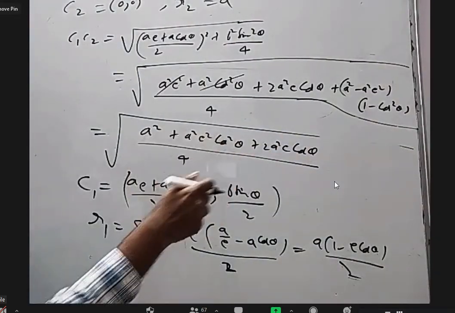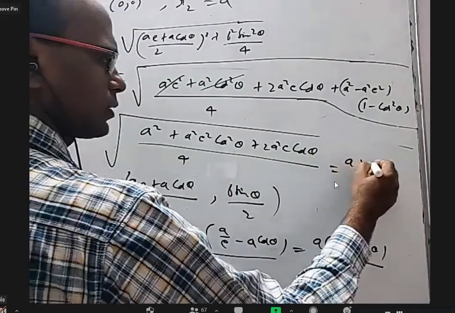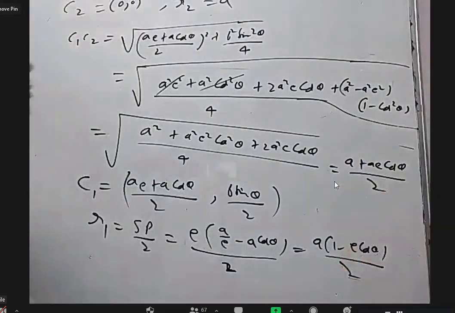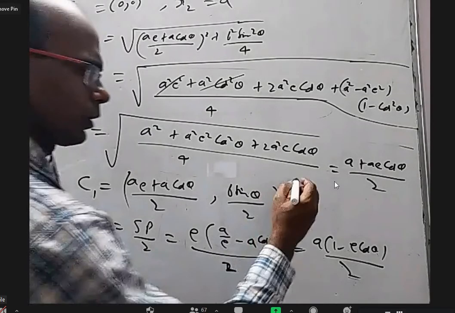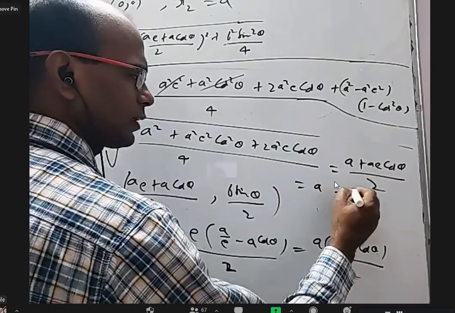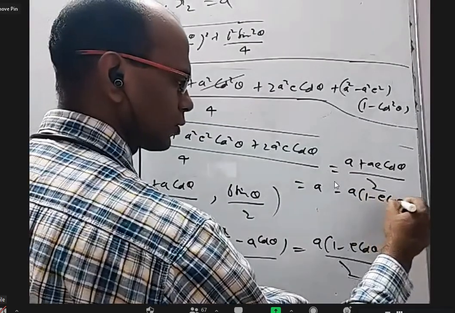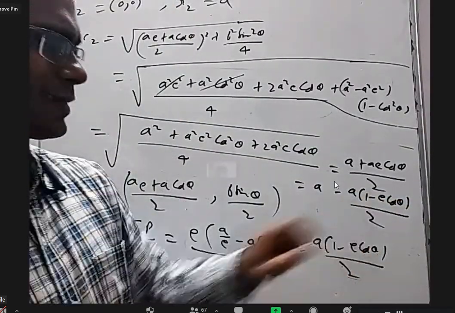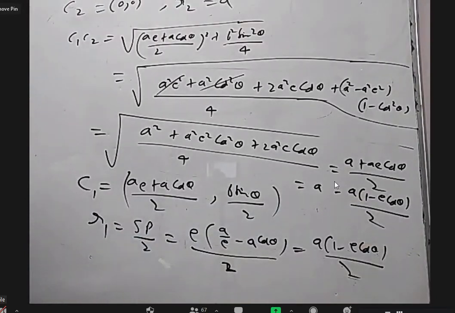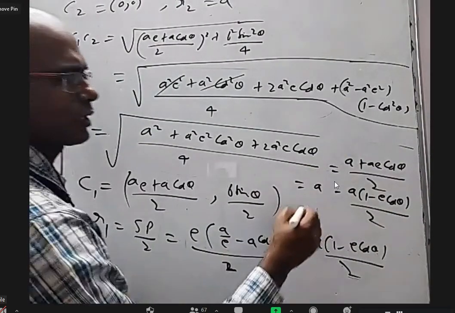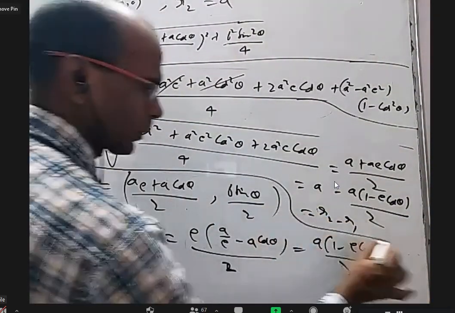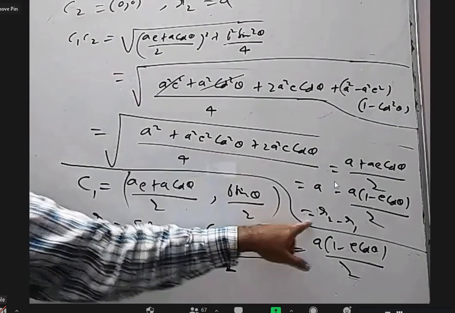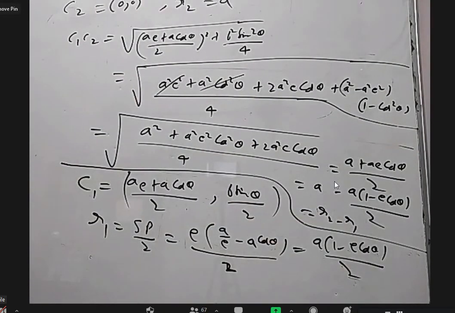That itself is a perfect square, which is going to be (A plus AE cos theta)/2. And that is exactly, I can write it as A minus A into (1 minus E cos theta)/2, because 2A minus A, and minus or minus plus, everything is fine. So that is exactly R2 minus R1. So I got C1C2 equal to R2 minus R1. So they're touching each other internally.